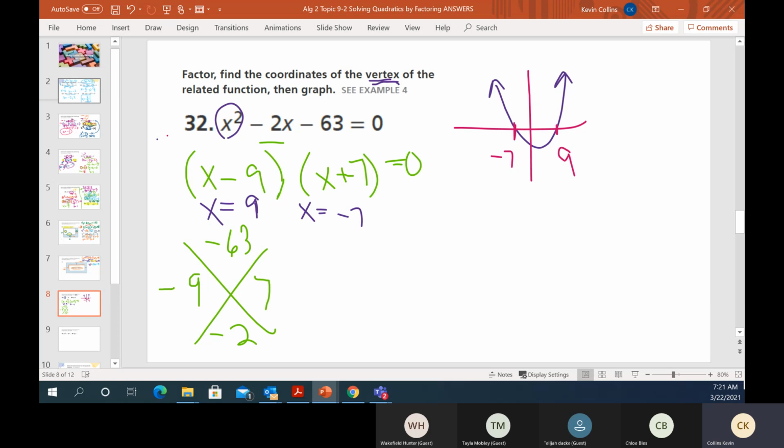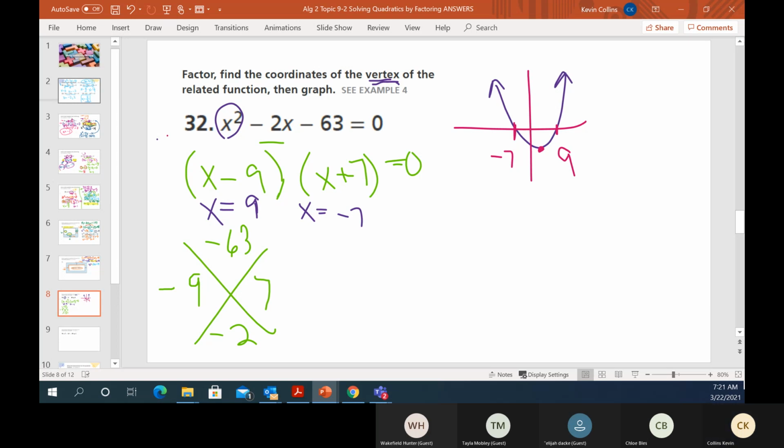So what that tells us is that where this thing bottoms out, which is what the vertex is going to be, is going to be halfway between these 2 points.